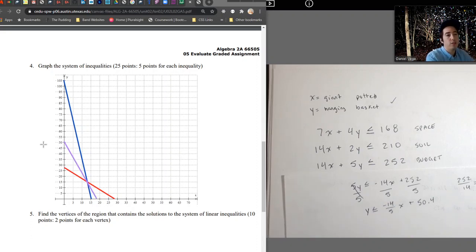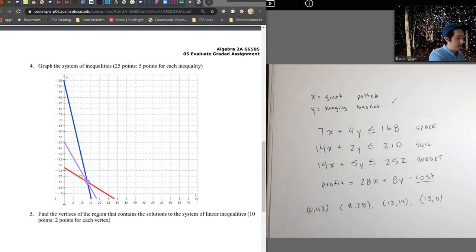Okay, so those are your three lines. It'd be shaded below, underneath them for all three, if you're going to graph them. And this point right here, mine's not to scale, but I'm pretty sure that point would be 13, 14.